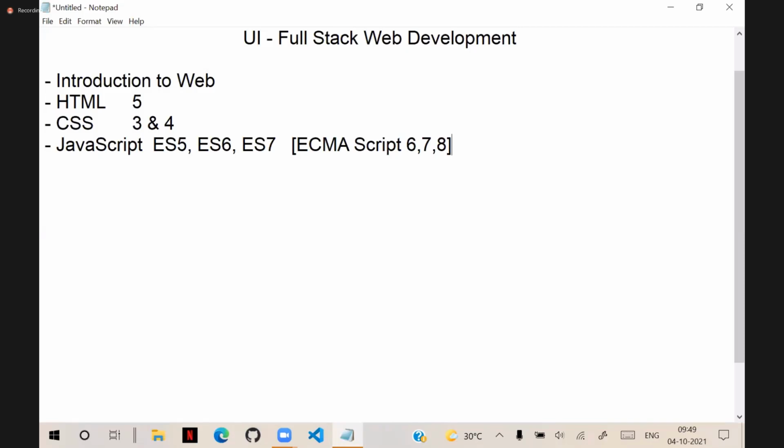Many people ask, because their friends are already learning or know something about web technologies, they will tell you that in JavaScript you have ES5, ES6, ES7. Actually, JavaScript is called ES.